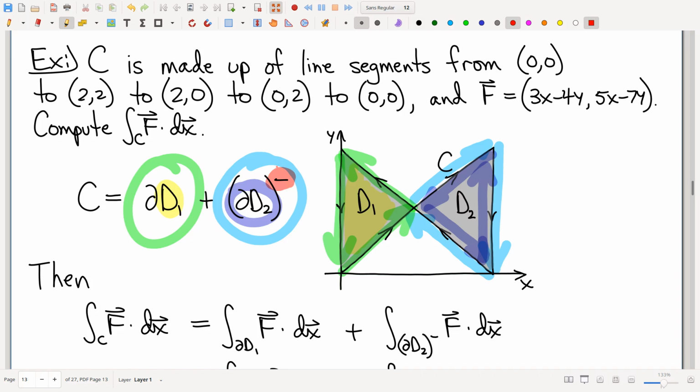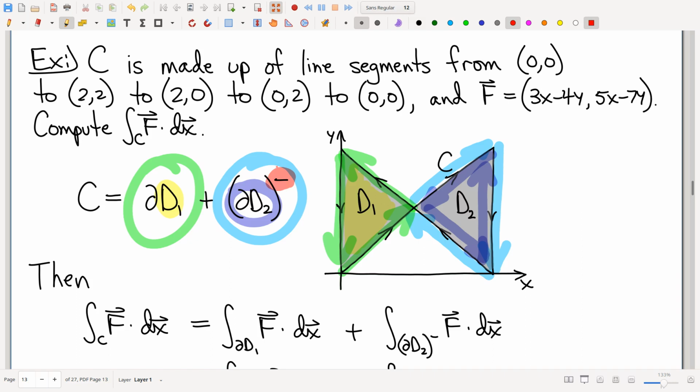What I have in blue here is the right half of C. This blue is part of my C curve, and I'm just observing that what I have in light blue is the opposite orientation of this dark blue, and the dark blue is actually a boundary. I'm just making statements about orientations and which curves connect up to make C. How that relates to integrals, we will see momentarily.